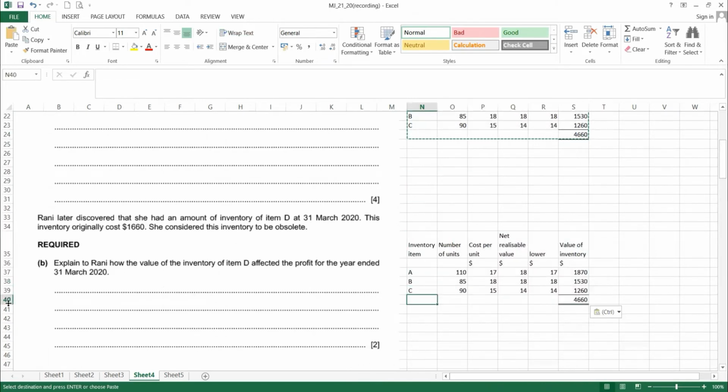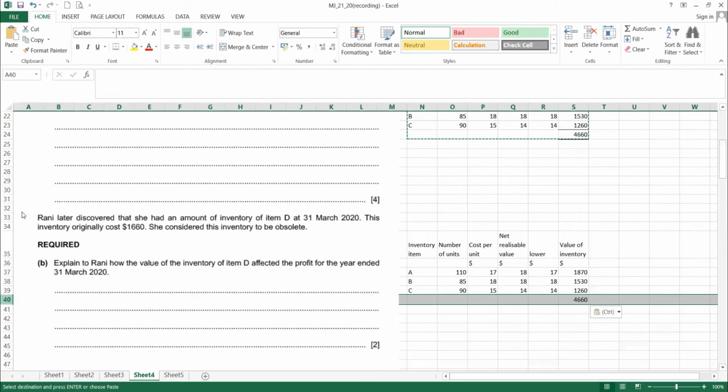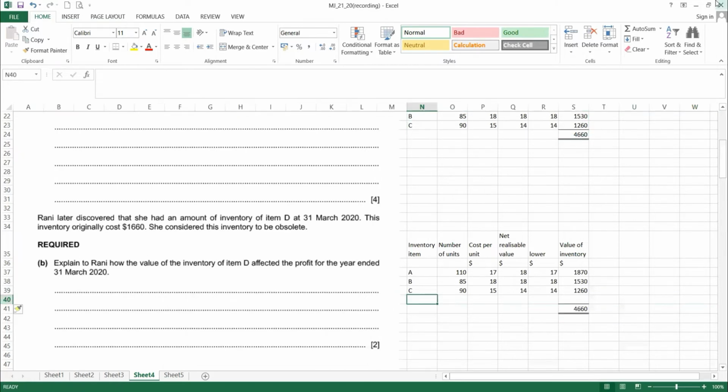Now, in this case, if we add in item D, they say that the original cost is 1,660. She considered this inventory to be obsolete. That means it becomes zero value, so no cost of it.